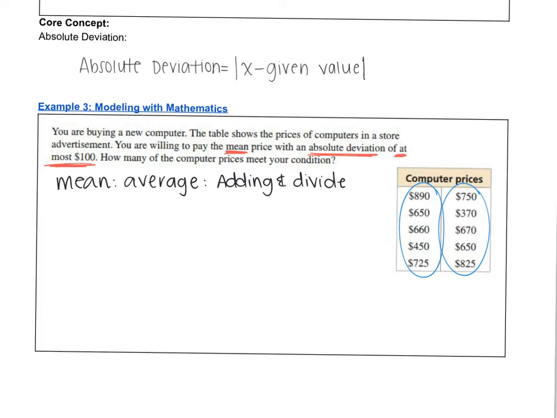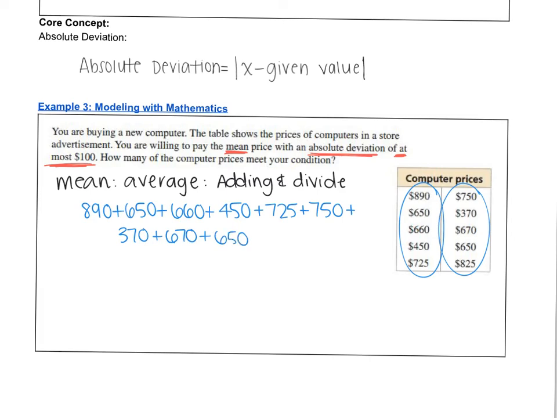Grab your calculator and type 890 plus 650 plus 660 plus 450 plus 725 plus 750 plus 370 plus 670 plus 650 plus 825, and divide all of that by the number of computers, which is 10.